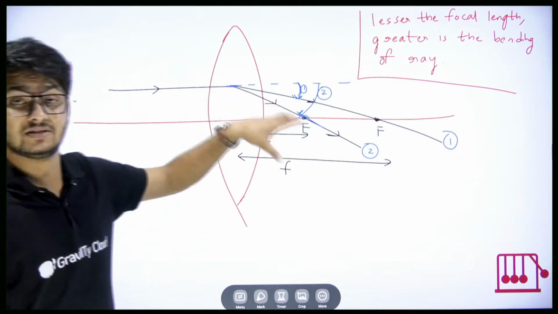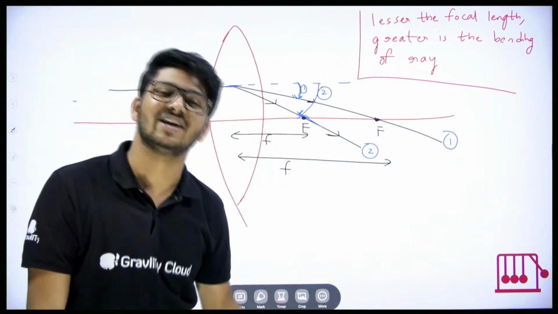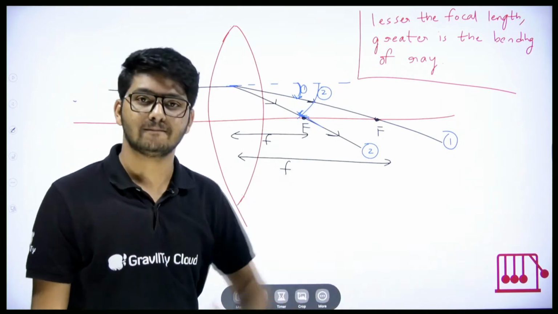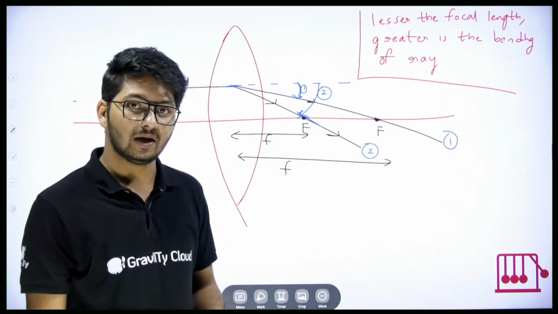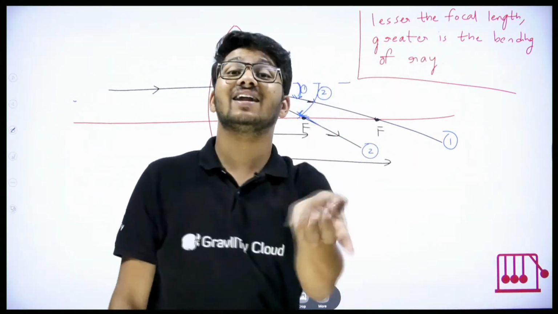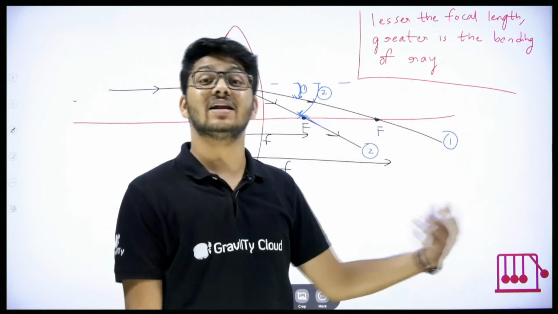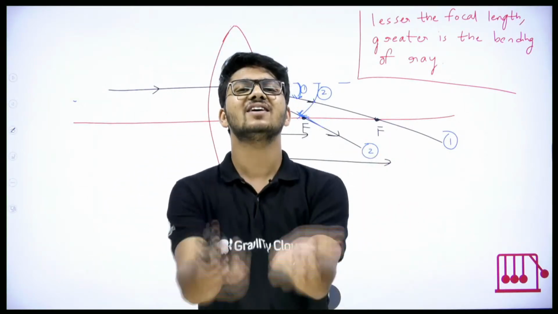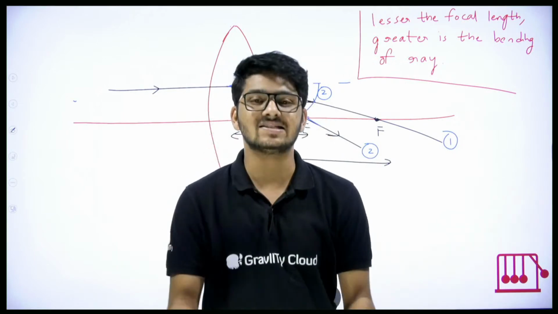Power measures the amount of bending of the ray. How much can a lens bend a ray? So, greater the bending of the ray, greater the power, because power measures the bending of the ray. That is the reason.